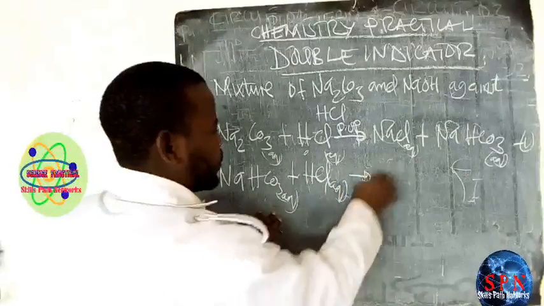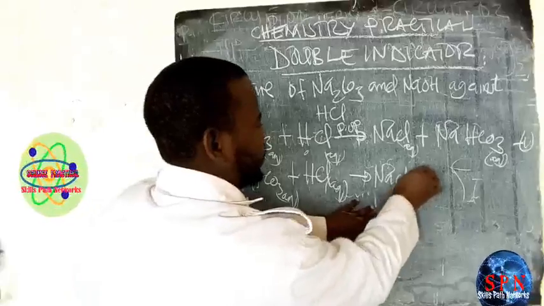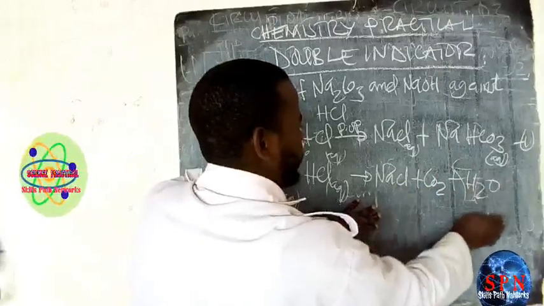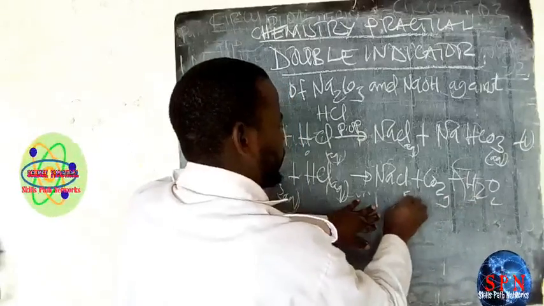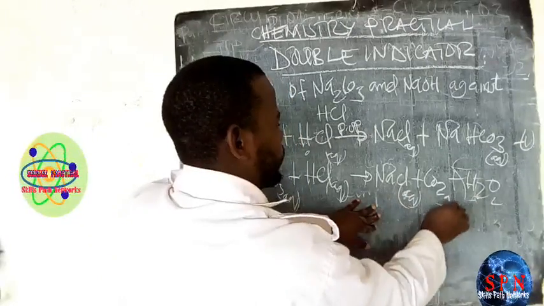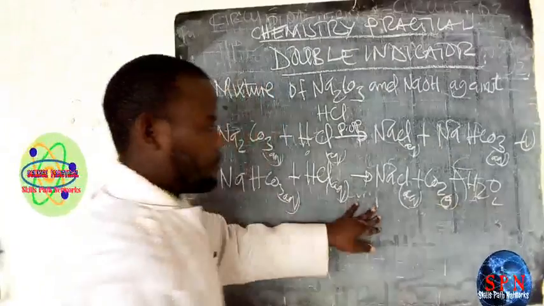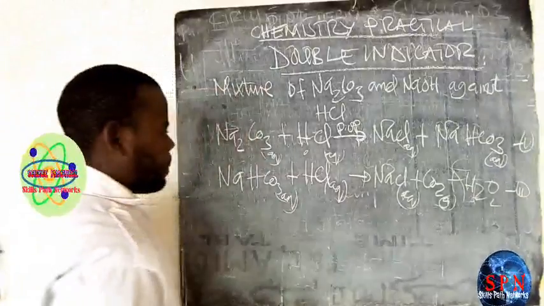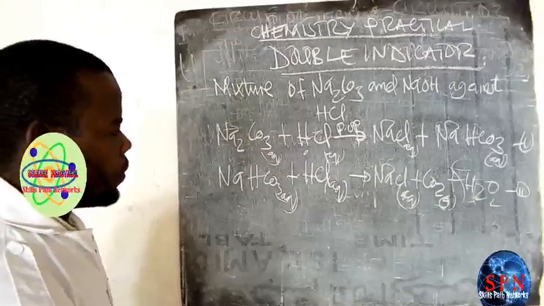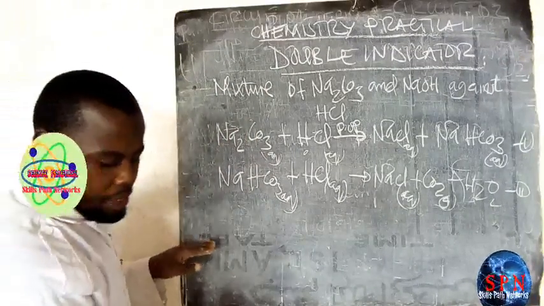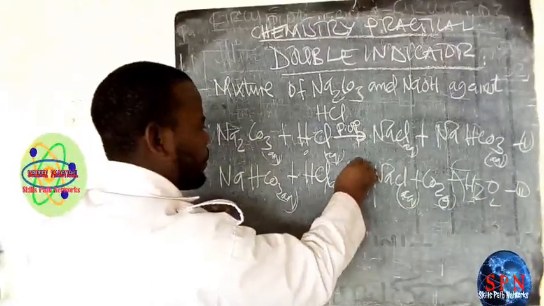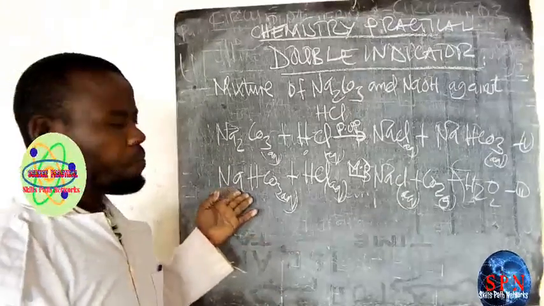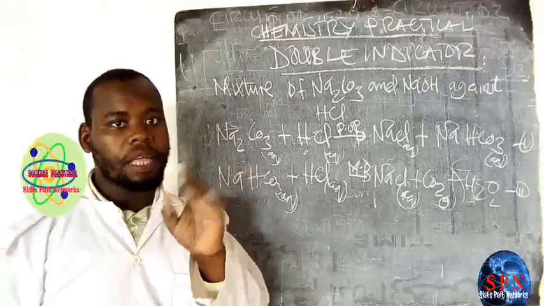Then we get sodium chloride plus carbon dioxide plus water, liquid, gas, aqueous solution. That is the second reaction. This will react with methyl orange, so in order to complete this reaction, we are supposed to add methyl orange.